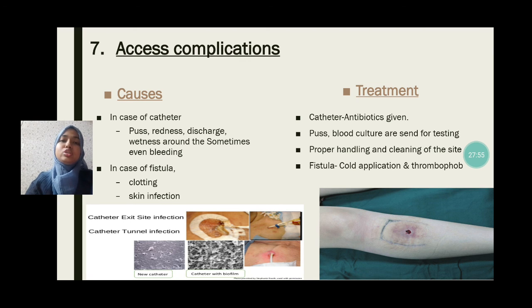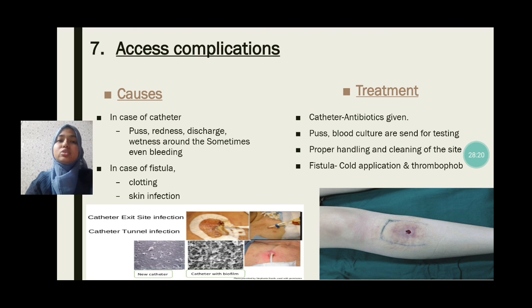The most commonly used accesses are catheter and fistula. In case of catheter, if we see redness, pus, discharge, wetness, or sometimes even bleeding around the site of catheter insertion, then we need to report to the doctor immediately for further investigations.